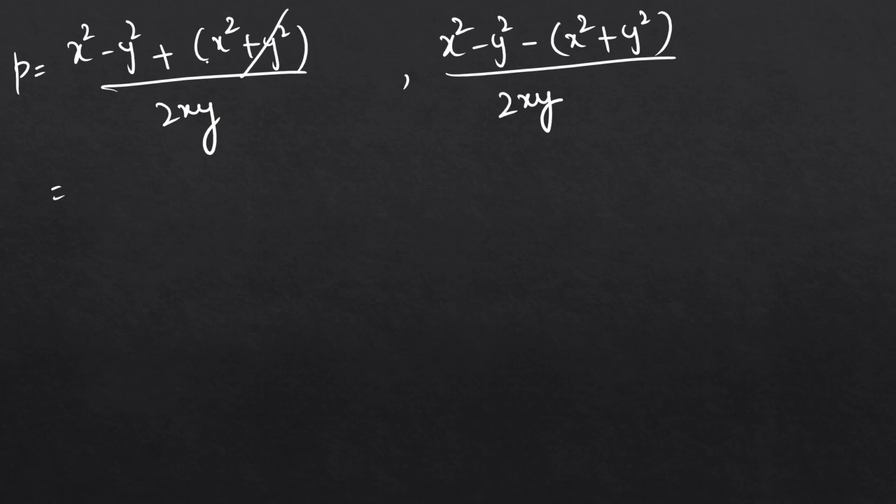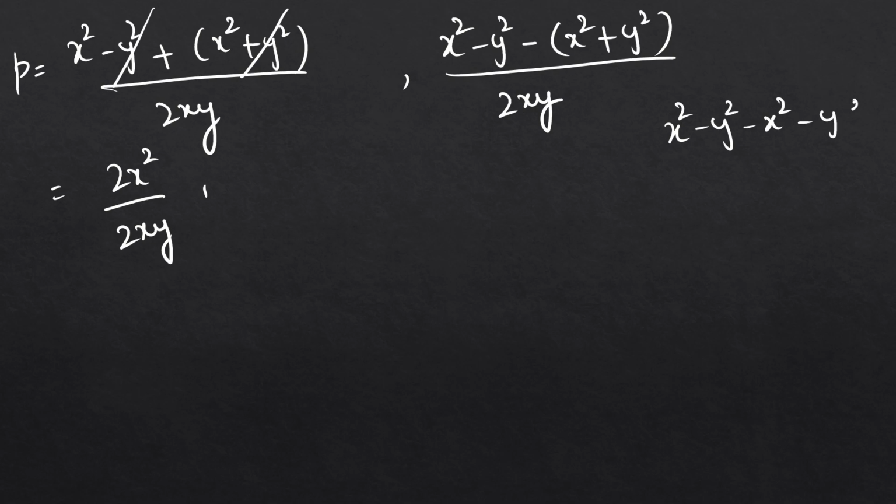After this, we will see that it can be cancelled out. It is 2x square divided by 2xy. Further, if I solve it again, I get x square minus y square minus x square minus y square. So again it would be cancelled out and you will be left with minus 2y square divided by 2xy.